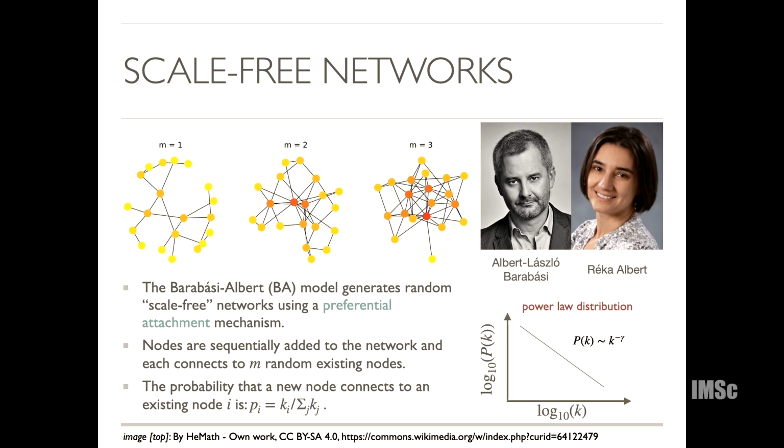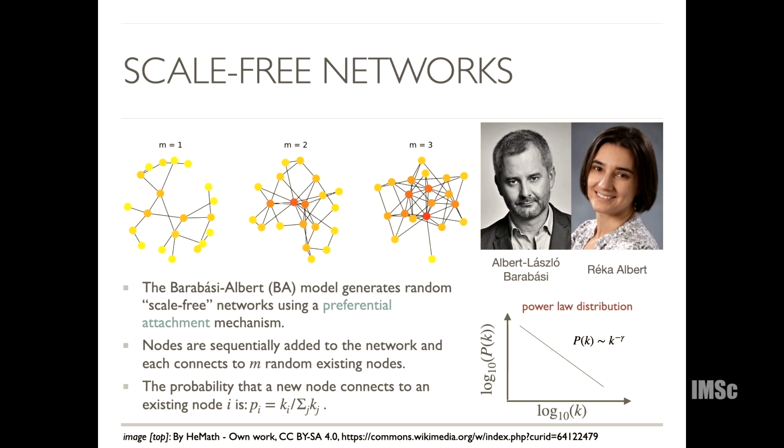This is what a power law distribution is, and it turns out that by following this procedure, which I'll mention in a second, you can obtain networks that have a distribution close to a power law. These networks are what are called scale-free networks. The mechanism that you use to get these networks is called a preferential attachment mechanism. The mechanism is as follows.